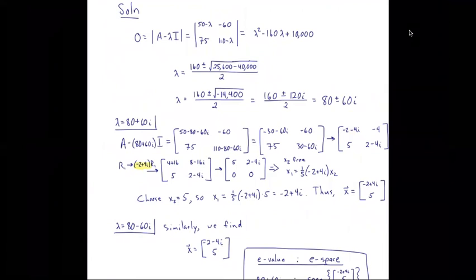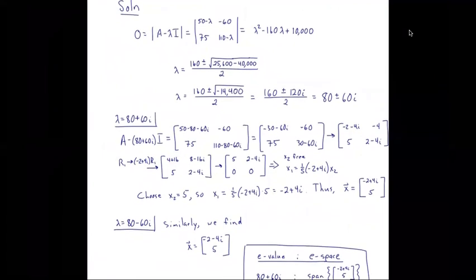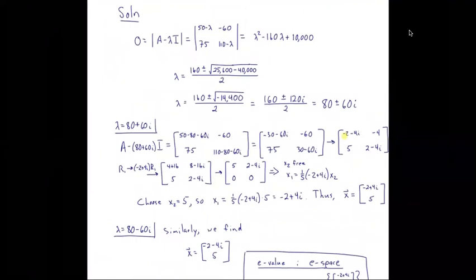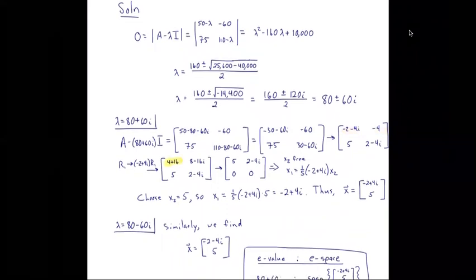I'm not worried about row 2 right now. I just want to put a real number in the first entry of row 1. So when I multiply row 1 by negative 2 plus 4i, I'm multiplying both of those elements in the first row by that value. I get 4 plus 16 for the first entry.